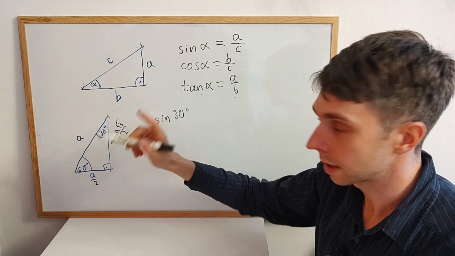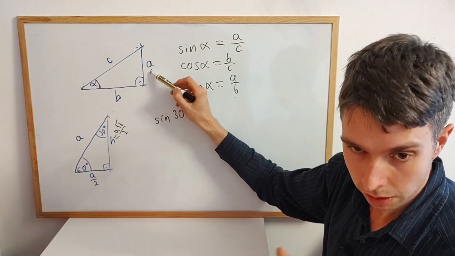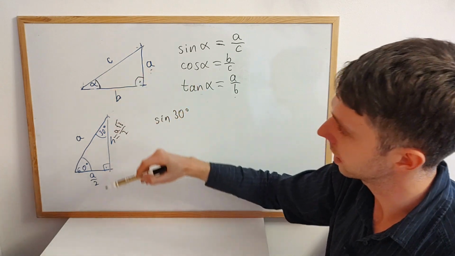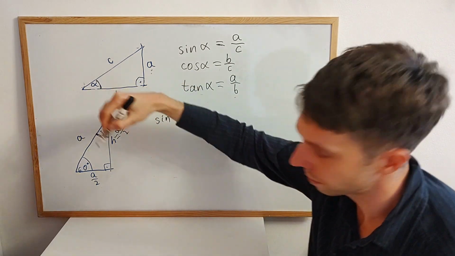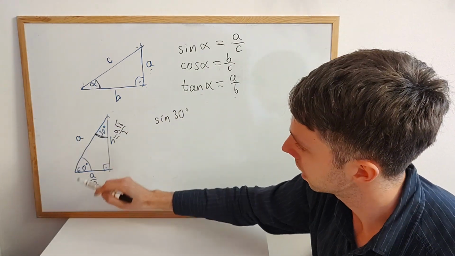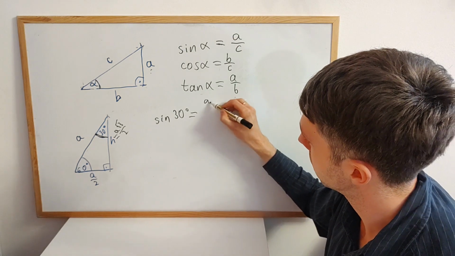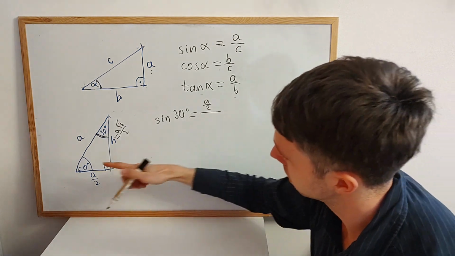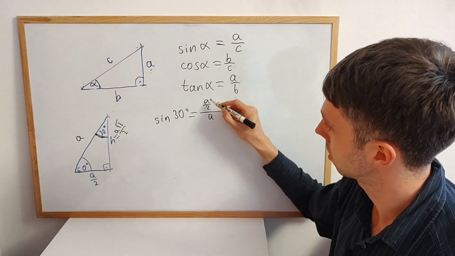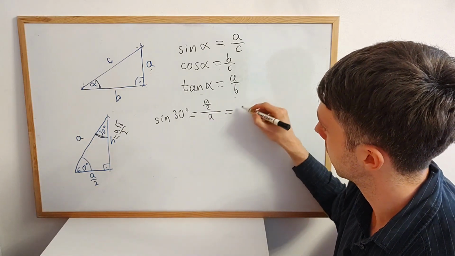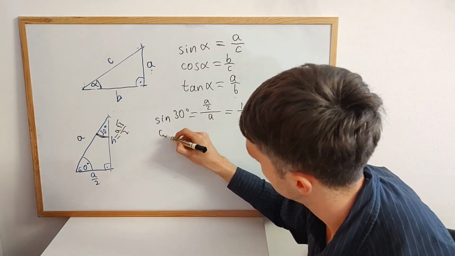It's just, as I said, the leg opposite to the angle divided by the hypotenuse. So from the point of view of this 30 degrees angle, the leg opposite to it is a over 2, and you divide it by the hypotenuse, so by a. So a over 2 divided by a is 1/2, because a cancels out.